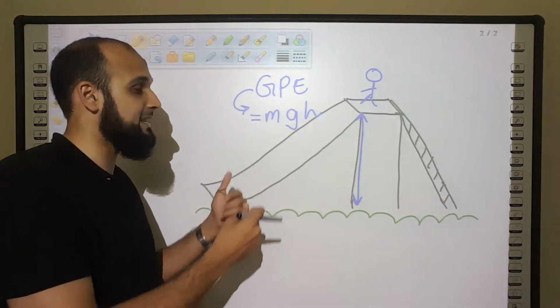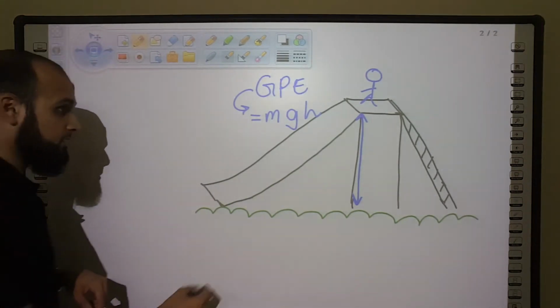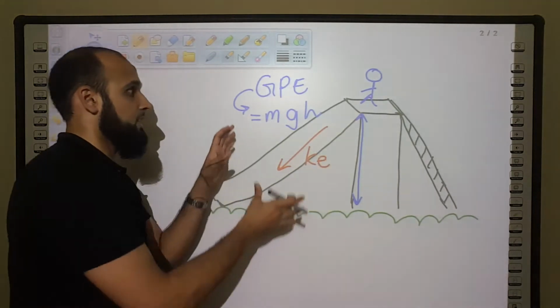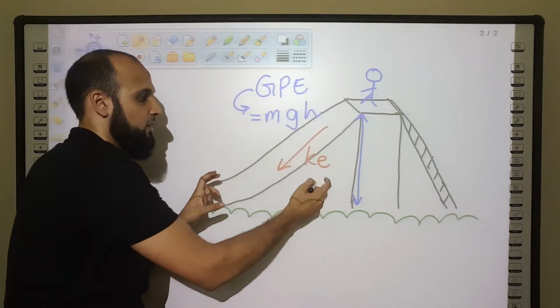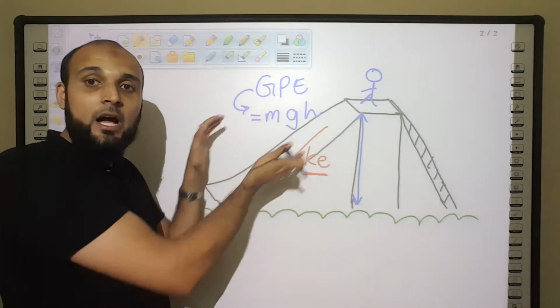So the motion I gained, the kinetic energy that I gained in order to be able to slide down. So there's my kinetic energy. So gravitational potential energy, the difference of which is being transferred into kinetic energy, so I'm able to move.